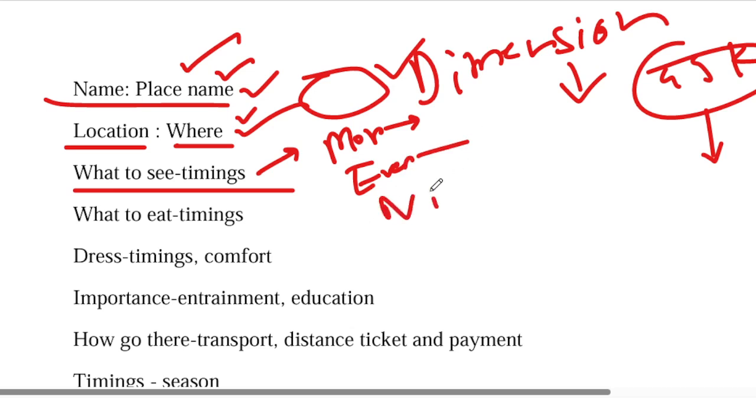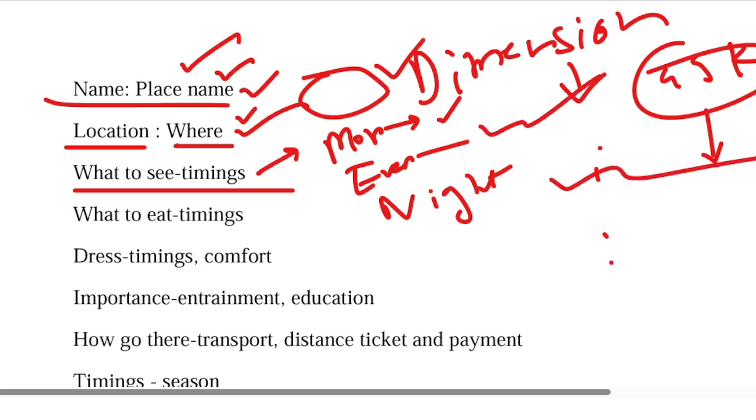Maybe in the night time you see some other things. Don't just talk about, okay, these and these are the things I can see out there. Divide it. You can say, okay, in the morning you can see these, and in the evening time you can see these, but in the night time you can see these. So divide it. Morning, evening, and night time, what you can see.